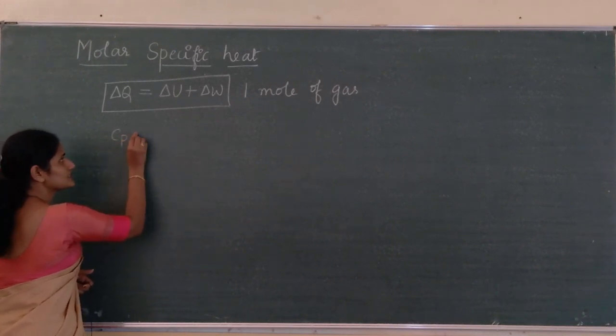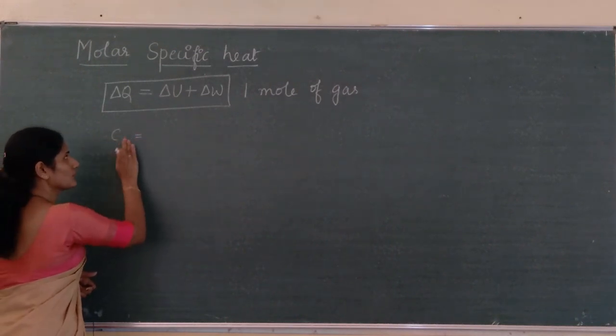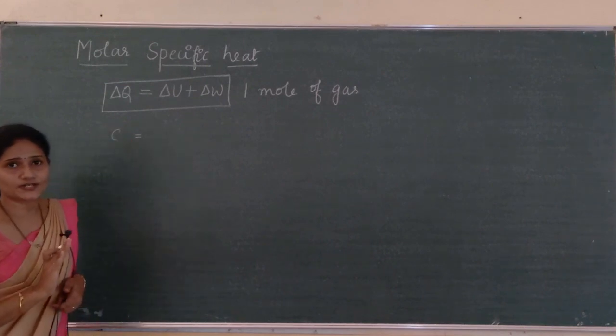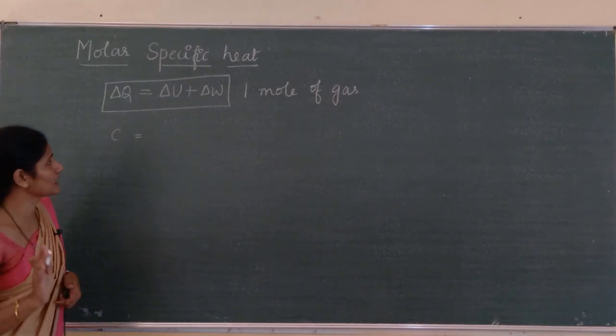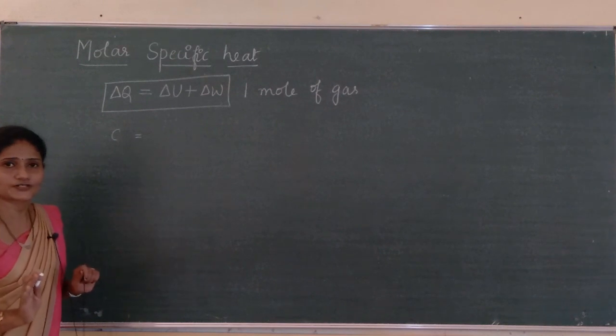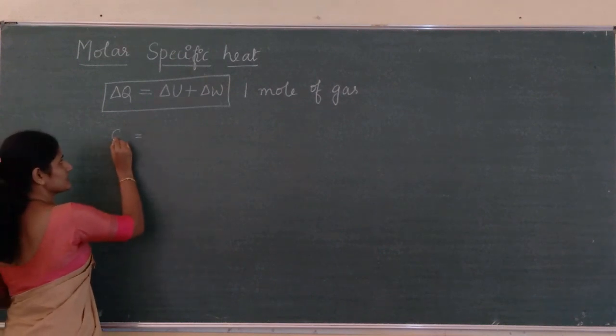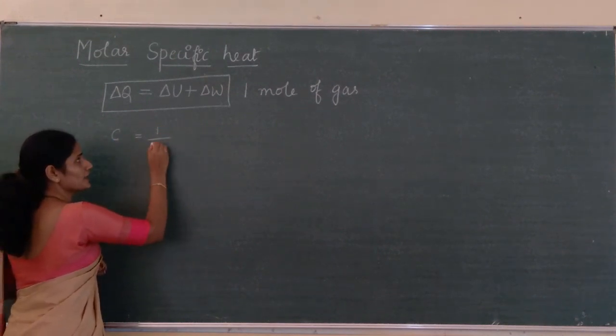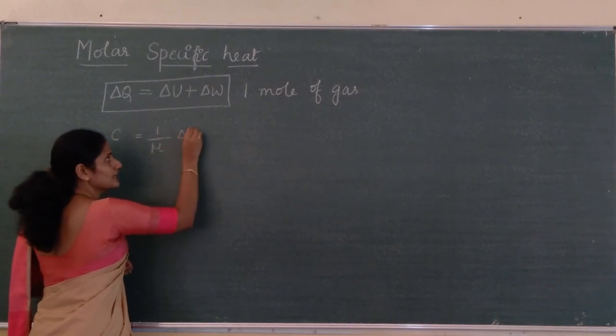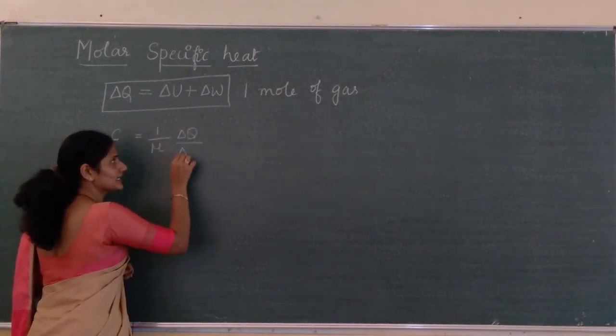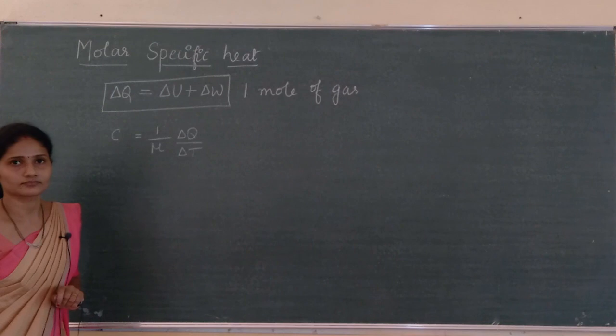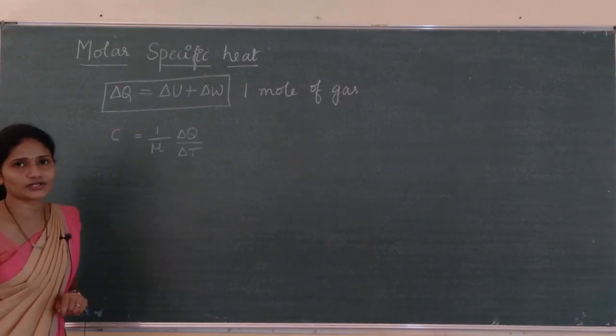Cp is equal to, what is the expression for molar specific heat capacity? The general expression for molar specific heat capacity is C is equal to 1 by mu into delta Q by delta T. How did we get this expression?